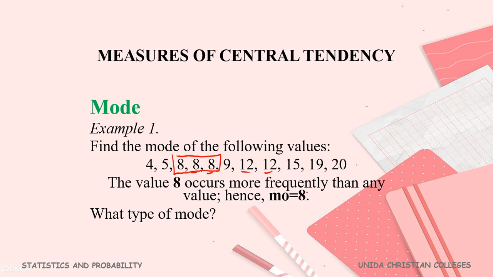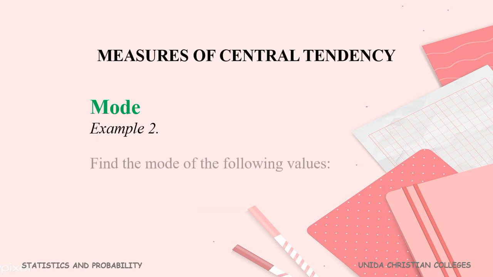Malalaman natin siya dun sa nakuha na mismo nating mode, kung ilan yung nakuha nating mode, hindi sa kung ilang beses siya nag-exist sa ating data. Ma'am, 3 beses siya nag-exist sa data ko. So, multimodal po siya kasi maraming modes. Hindi po. Base ka po sa kung ilan yung mode na nakuha mo. Ilan ba yung mode na nakuha mo? Isa lang, si number 8 lang, wala nang iba. So, anong type ng mode yon? We have unimodal.